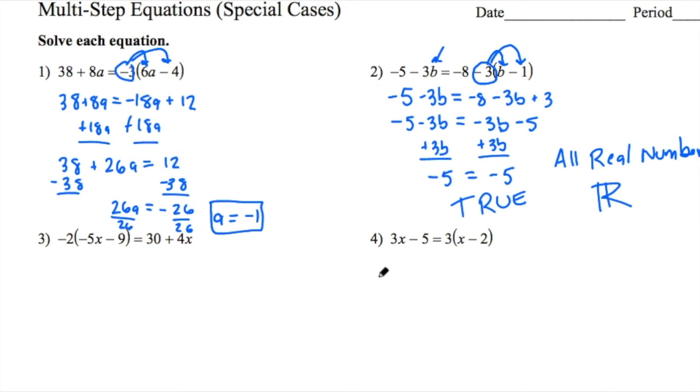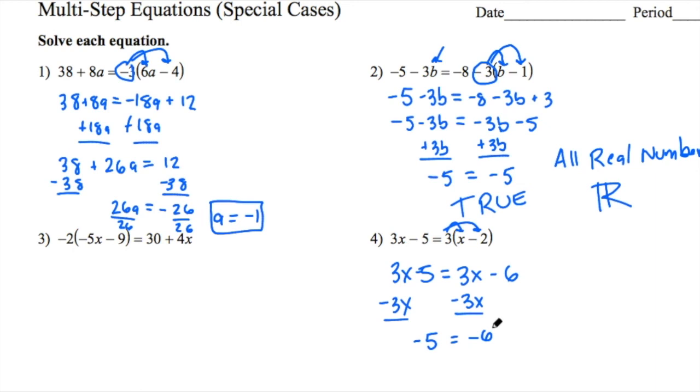Okay, let's go ahead and try example 4 here. All right, so again, left-hand side, nothing to do. Copy that down. Right-hand side, I'm going to distribute. So we get 3x minus 6. Okay, great. So once again, I'm going to try to get all my variables on one side. So I'm going to subtract 3x, and this time I get negative 5 equals negative 6. Well, again, something odd has happened.